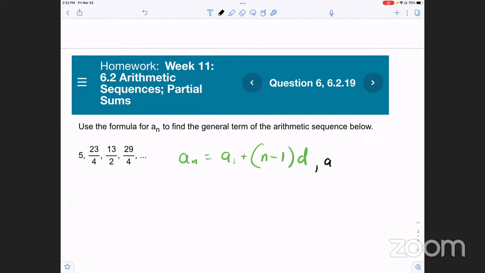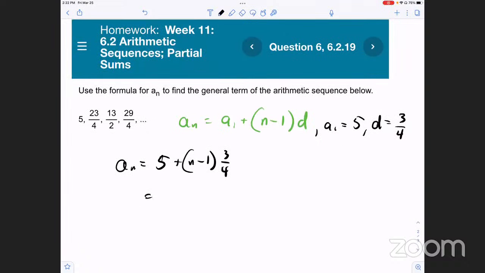So the first term is this, and then the common difference. If that was 5 over 1, 5 times 4 is 20, so it looks like we add 3 over 4. The common difference is 3 over 4. Then the nth term is going to be 5 plus n minus 1 times 3 over 4, which is 3n over 4 minus 3 over 4. 5 times 4 is 20, 20 minus 3 is 17.